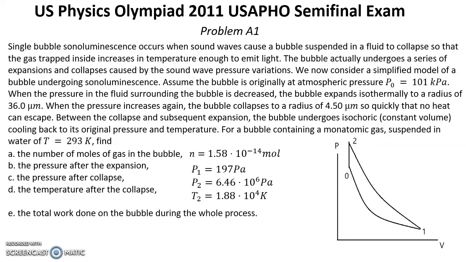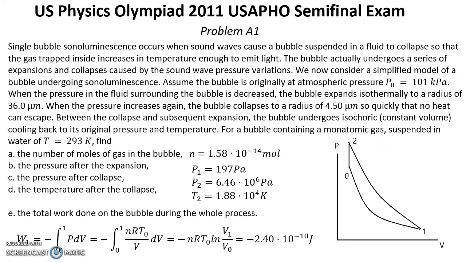And the last question, E. The total work done on the bubble during the whole process. During isothermal expansion, the gas does positive work from point 0 to point 1. It means that on the gas there is negative work, which we mention by the negative sign.